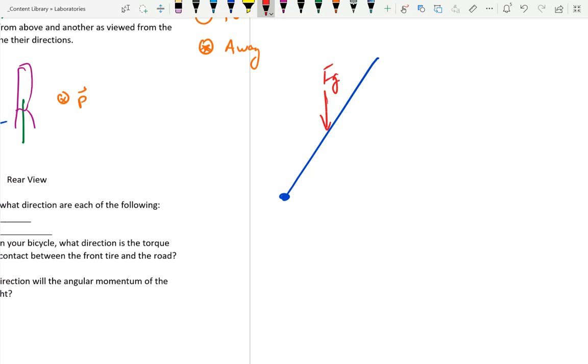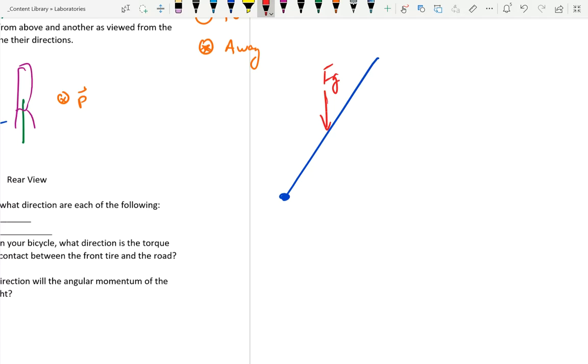So I get my right hand. R is going from the place I'm summing the torque to where the force acts. So my R is pointing like this. Then I need to keep my index finger that way and orient my hand so my middle finger can point the direction of the force of gravity. My thumb points that way.